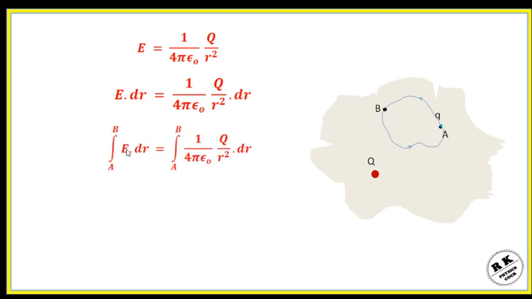So the work done in moving the test charge from A to B is given by the integral of E dot dr from A to B, which is like this.